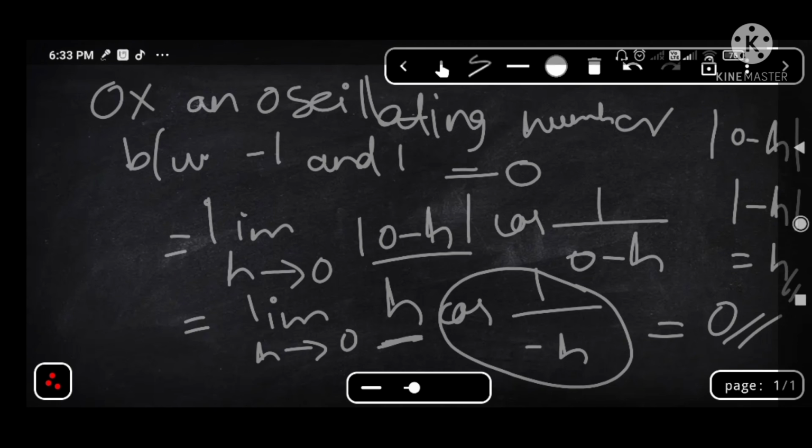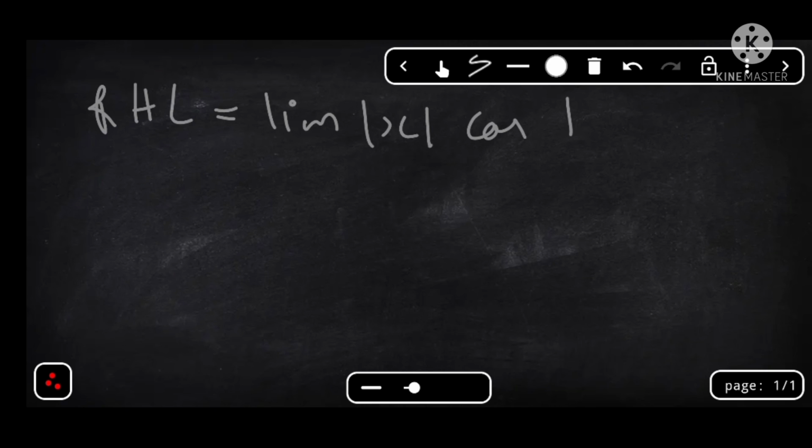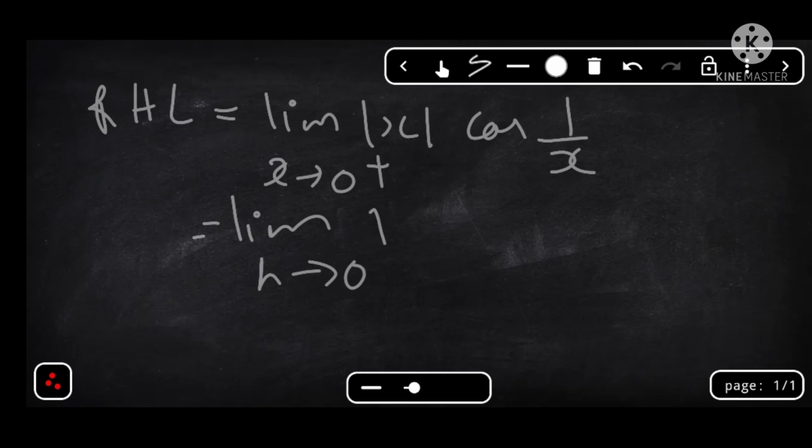So now let's do it for RHL. The limit of |x| cos(1/x), x tends to 0 plus. So the limit as h tends to 0 of |0 + h| cos(1/(0 + h)).